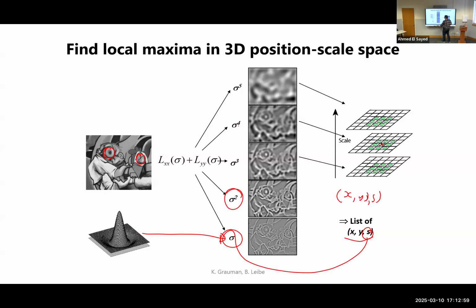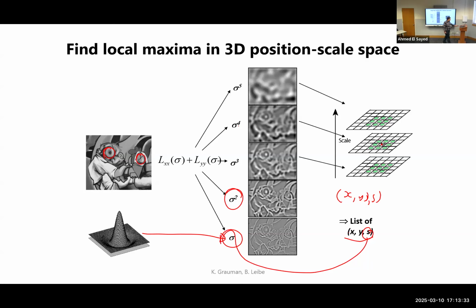Cube, maximum and minimum on this scale. Fourth, similar. Fifth, similar. So I will have several layers. Each one of them has the maximum and minimum on the scale value. I can pick which one of them has the best value at which scale. Based on that, I can detect the size of my blob. Okay? So this can solve the scaling issue or the resizing issue of the Laplacian of Gaussian.